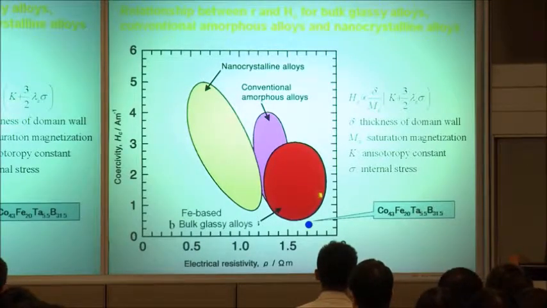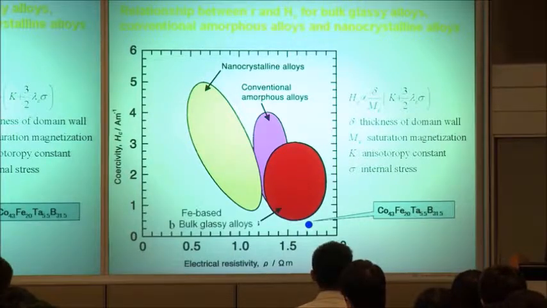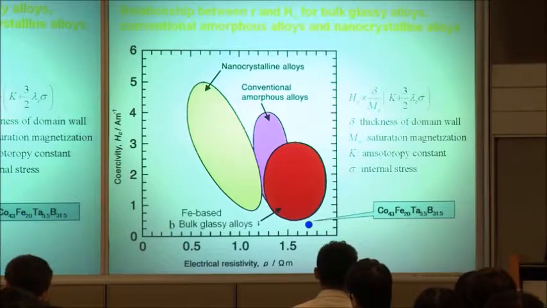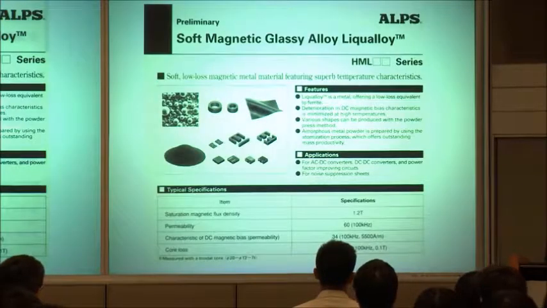Iron-based Glassy alloys show a good combination of lower coercivity and higher electrical resistivity because of much lower internal stress caused by the more homogenized atomic configuration.